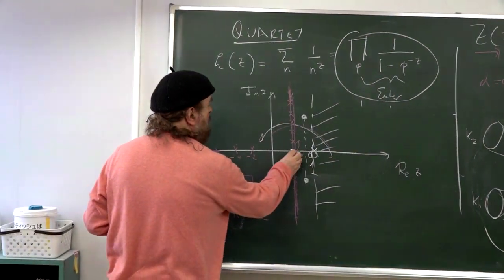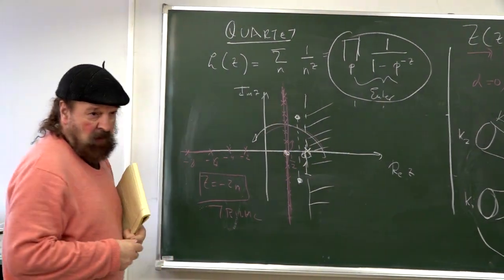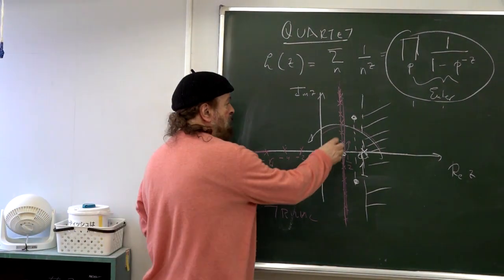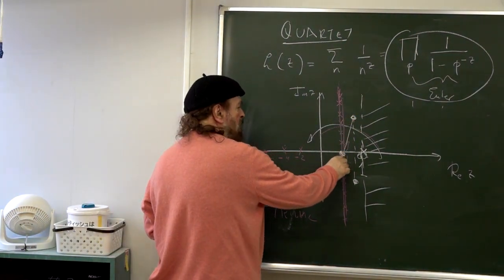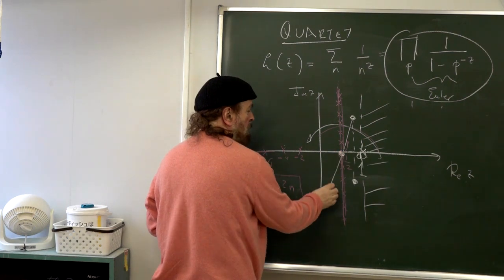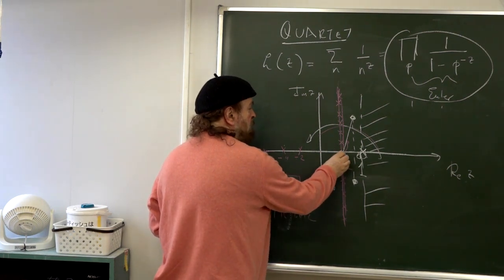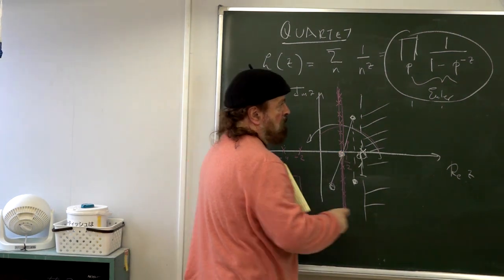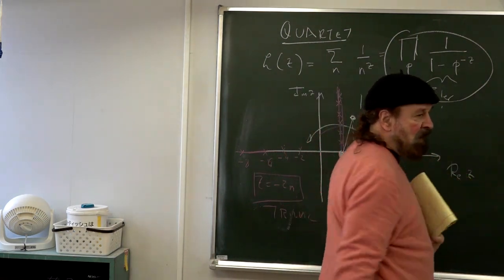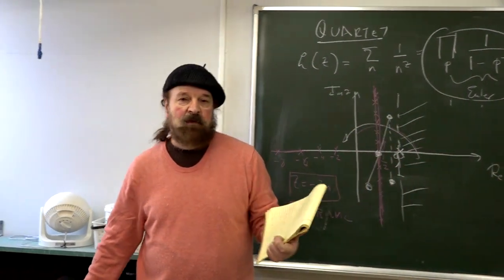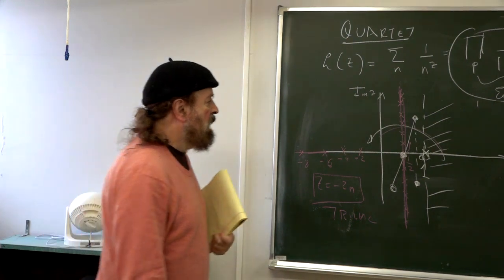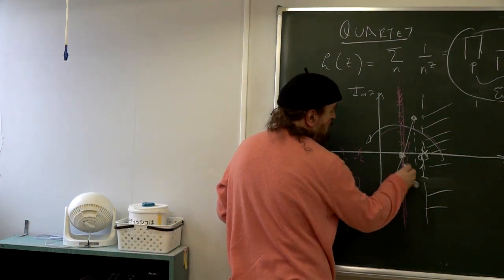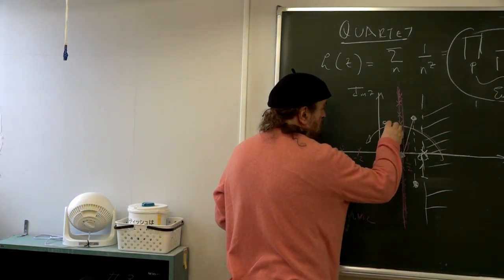So if you have a zero, you must also have a zero in the reflection with respect to 1/2. This is the center of reflection symmetry, when z goes to 1 minus z. If z equals 1/2, 1 minus 1/2 is itself. And then I must have another point over here.